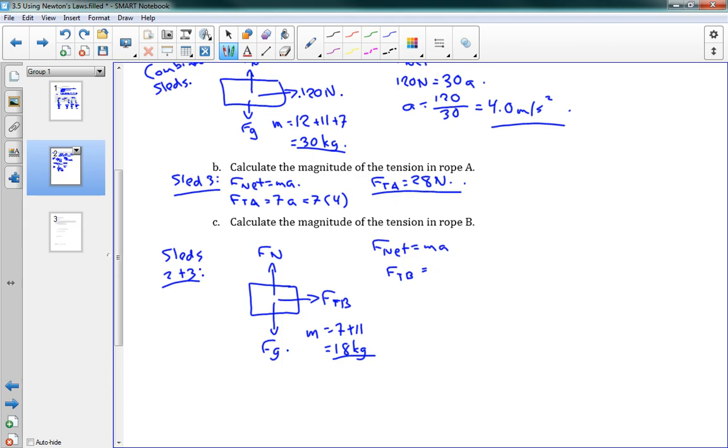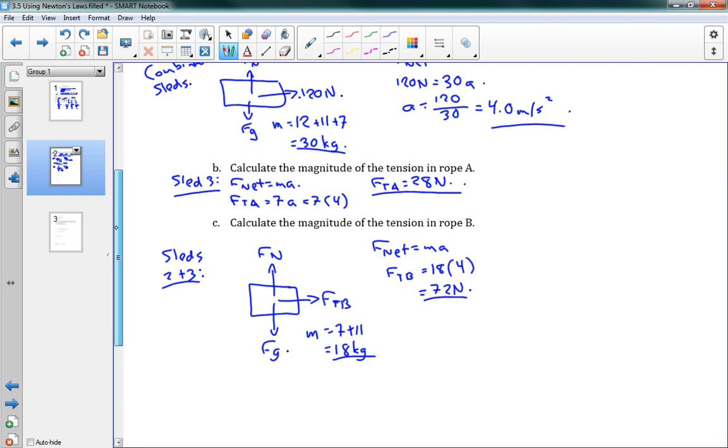Okay, so 18 times, again our acceleration is 4 meters per second squared, and that gives us a tension then of 72 newtons. And there we go. That was our tension in rope B. That's all we needed to do.